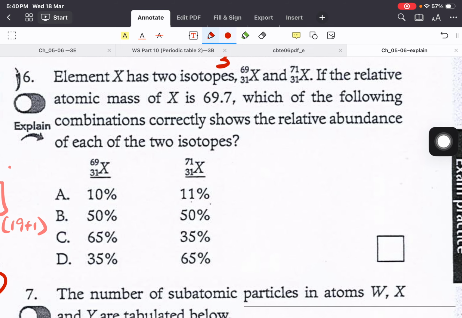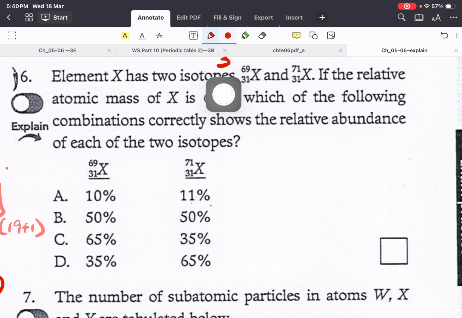Number 6. Element X has 2 isotopes, this one and this one. If the relative atomic mass of X is 69.7, which of the following combinations correctly shows the abundance?